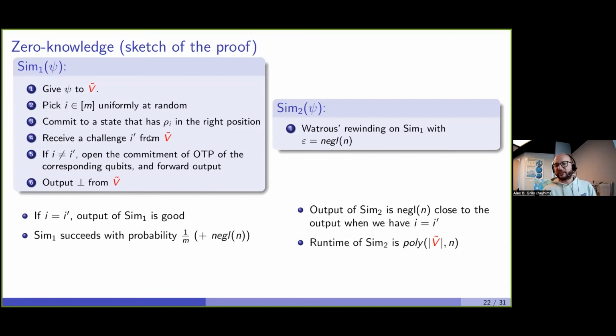Whenever you receive a challenge, you're fine if the challenge is equal to your guess, and then you proceed with the normal protocol, or you abort. The probability that you guess correctly is 1/m, and then you can boost this probability with rewinding.